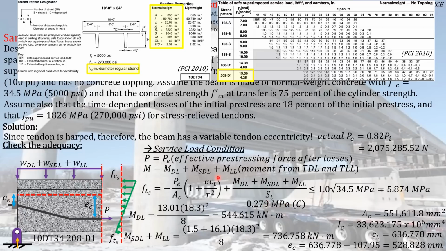You can see that the stress that you will compute here has a negative sign, meaning it is not actually a tensile stress like what we expected here, but actually a compressive stress, which is good. That is better actually. Why? Because we don't want our concrete element to experience tensile stresses as much as possible.